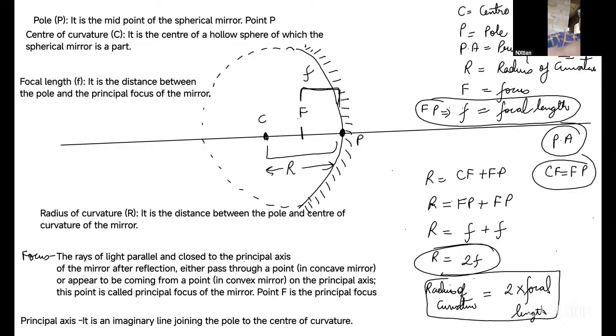Correct. But Edric, I need you to write it down step by step. Write it step by step, please. One second. The question is: if the focal length of a spherical reflecting surface is 2.75 centimeter, then find the radius of curvature.